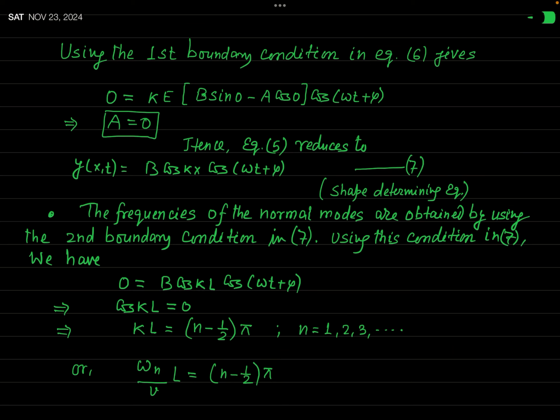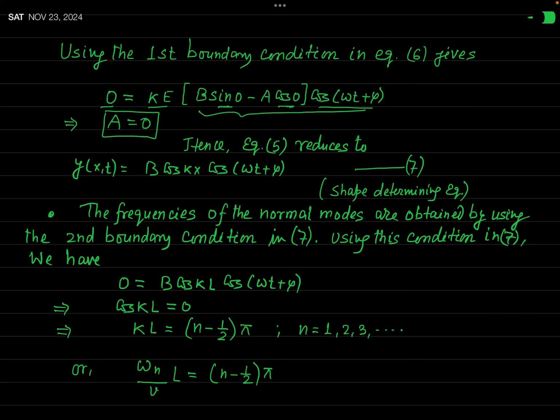You can see when we substitute x equal to 0 in every term which contains x in the RHS, then delta P in the LHS will be 0. So 0 is equal to k times E times B sin kx, but x is 0, so this will be sin 0, minus A cos kx. Again x is 0, so this is cos 0. But sin 0 is 0, so the first term inside the square bracket will be 0.